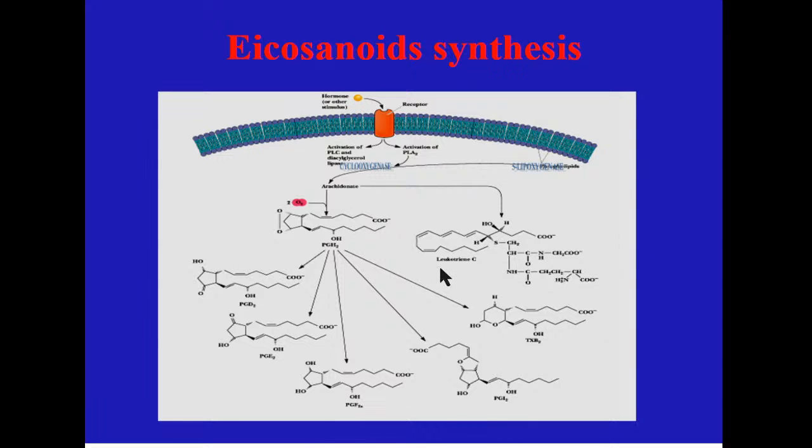So look at the structure. Leukotrienes are non-cyclic, with different special groups attached to them, and they perform mainly functions of immune regulation: interaction between leukocytes of different types, regulation of inflammatory processes, and exchange of information between the immune cells.